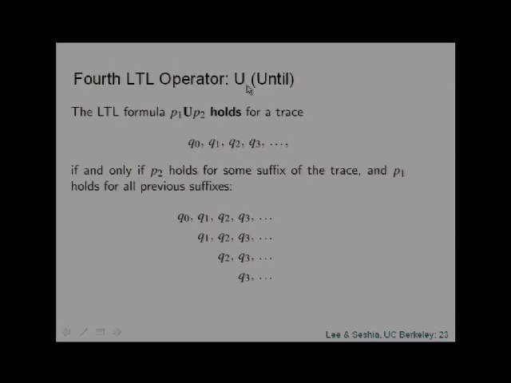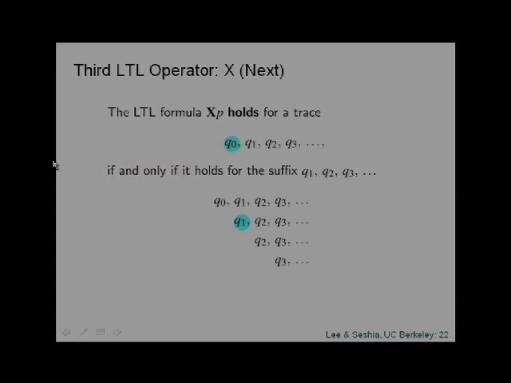X allows you to count one step, but you can write many X's together to count any number of steps. So for example, a common way people write properties is to say that if p must hold in 5 cycles, you would write X raised to 5 p, which means 5 steps from now p must hold.